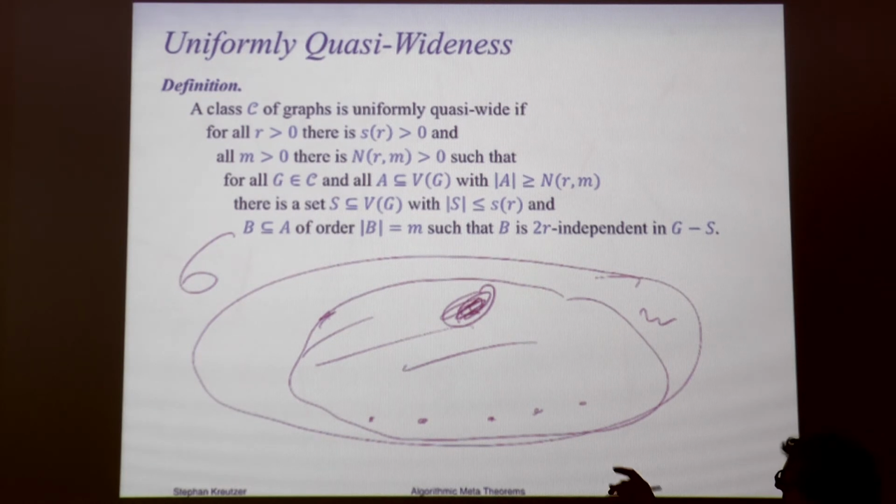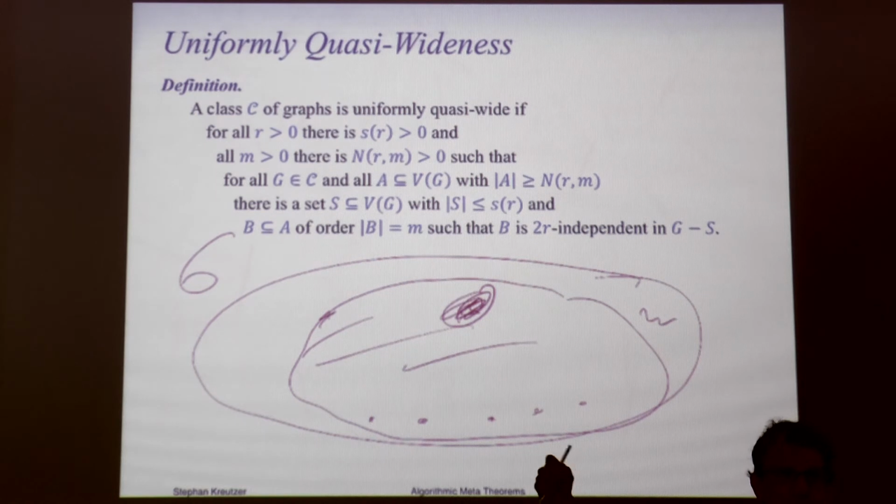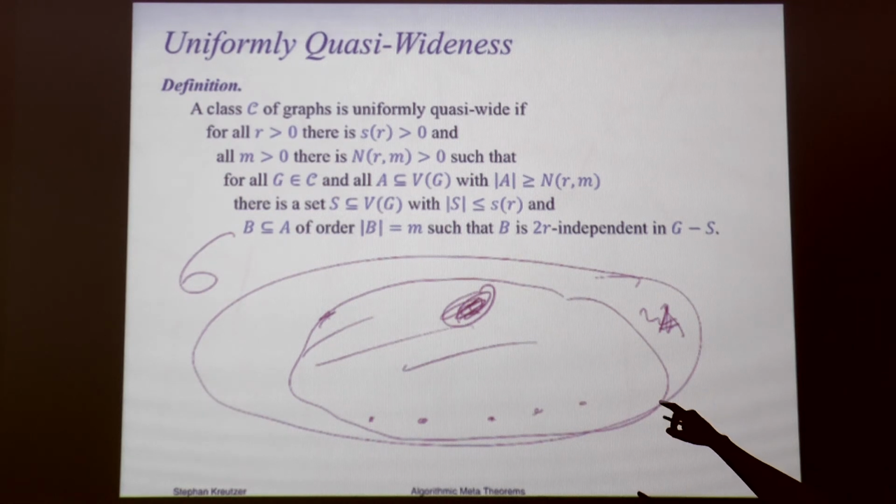And then for every number m, which is the size of your independent set you want to find, there is a natural number that depends only on the radius and m, so that if this set you've given me, this guy here, A as it's called, is big enough and contains at least n(r, m) vertices, then it's guaranteed to have a 2r independent set of size m, which is a subgraph of it in G minus S.